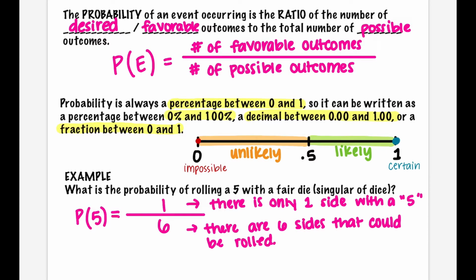So another way that we could write this is as a decimal. 1 out of 6, if you put that in your calculator, 1 divided by 6 is 0.16, and the 6 keeps repeating. So we could say 0.167.